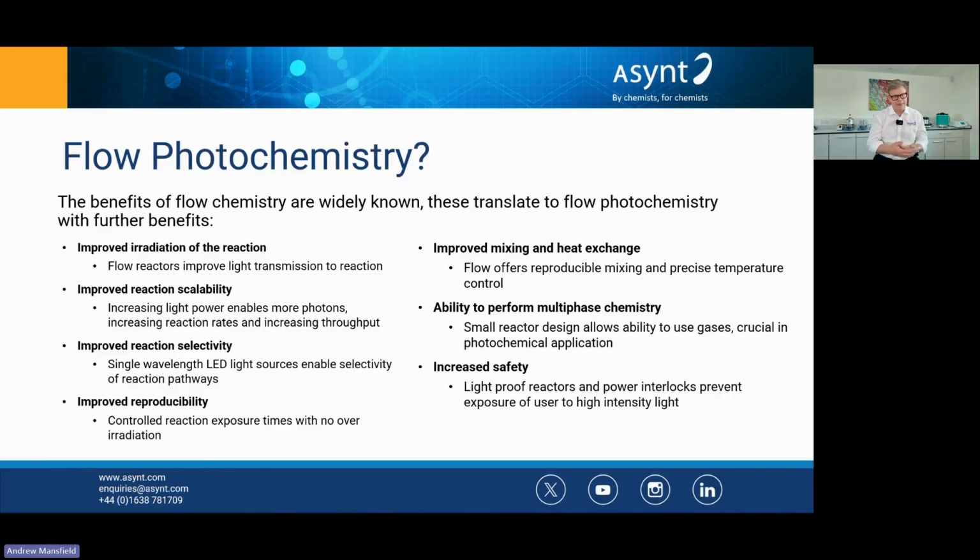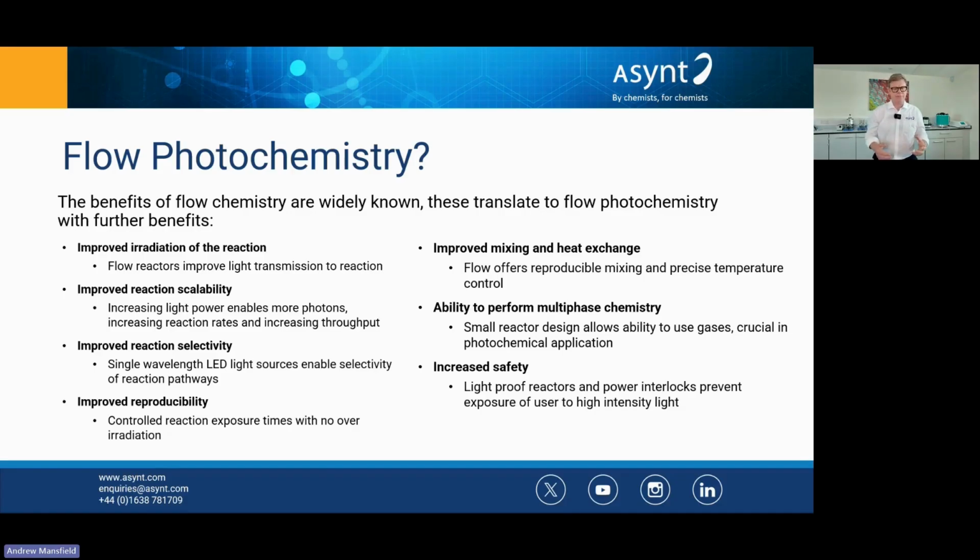Scalability is a key element in this equation, both with the light transmission and the ability to run our reactions continuously. Selectivity really covers both techniques. Single LED wavelengths help us get to that controlled reaction pathway.